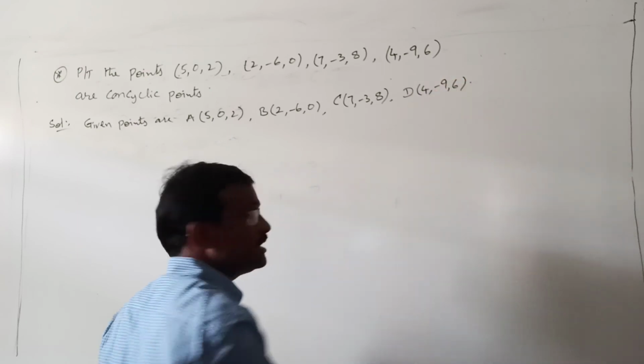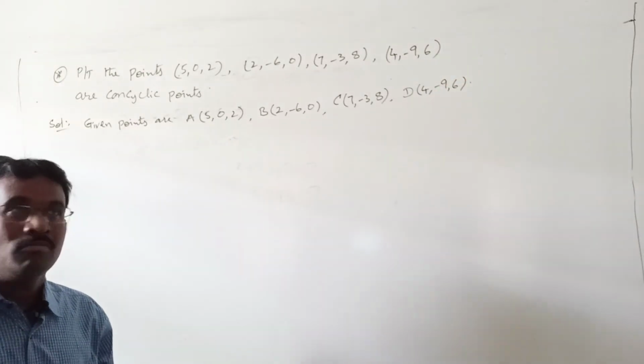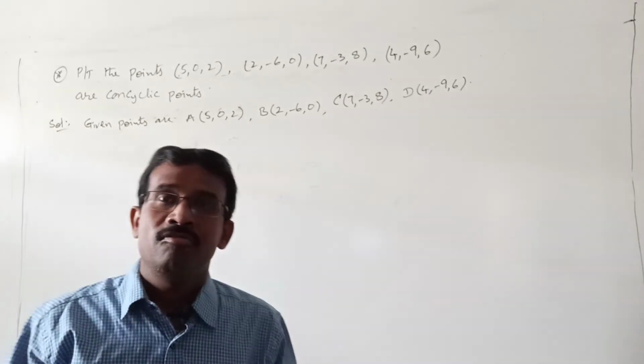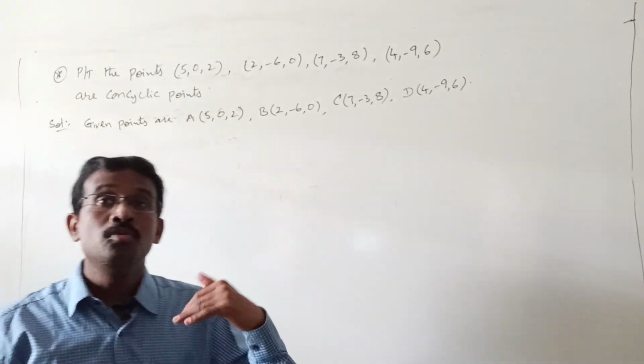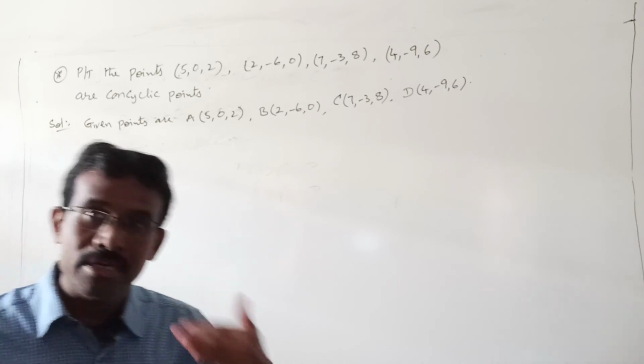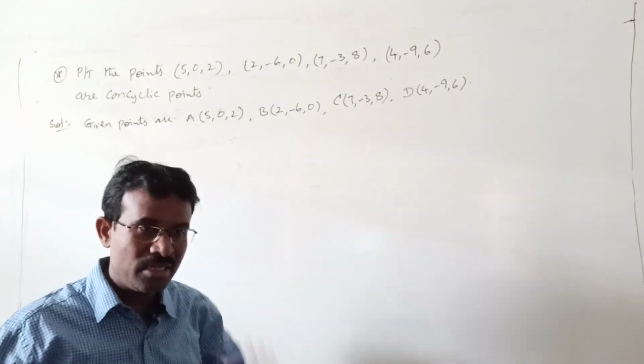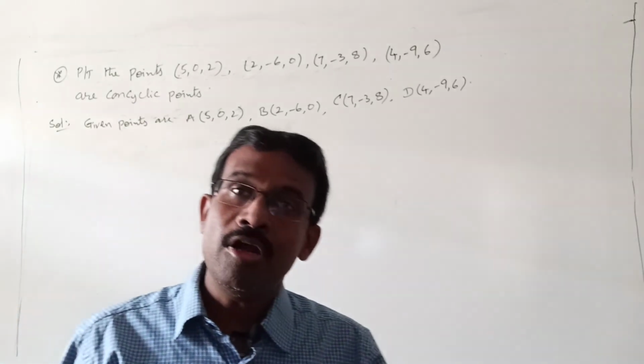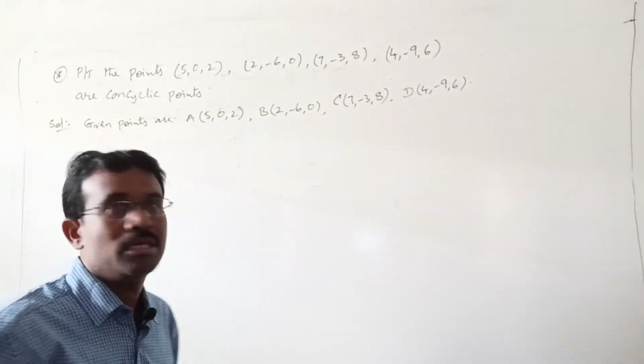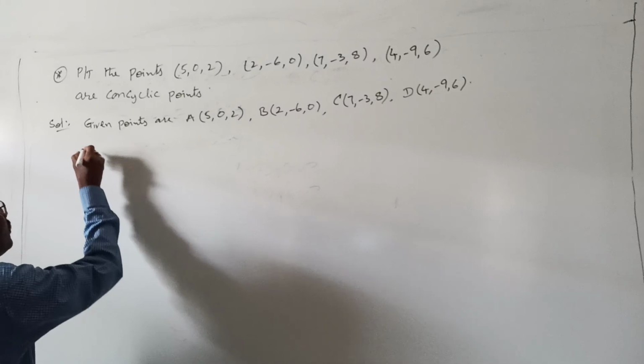These are the given points for you. What is your first step? First of all, you have to prepare a sphere which passes through the points origin O, A, B, C. For that, first I want to proceed with the general form of the sphere.